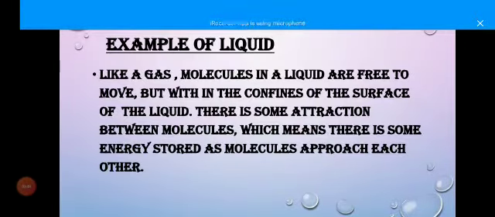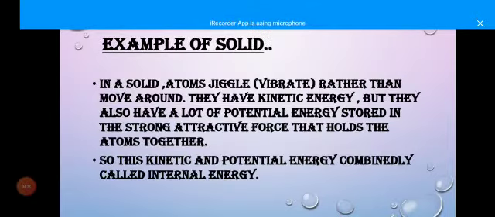Now, the example of a liquid. The molecules in a liquid are free to move, but within the confines of the surface of the liquid. There is some attraction between molecules, which means there is some energy stored as molecules approach each other.